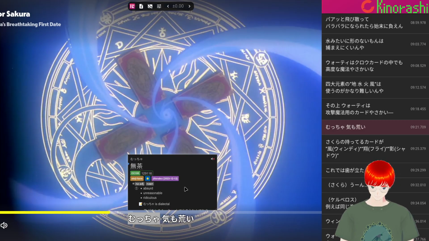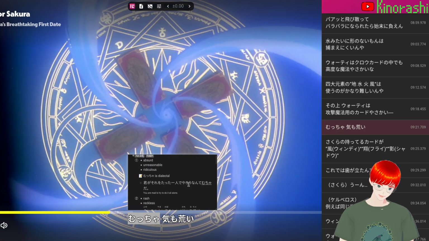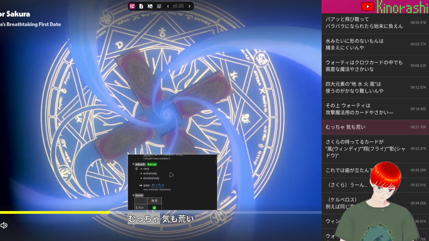And in Kansai it can be used as an adverb. Yeah, I thought it was being used like an adverb, meaning very, extremely or excessively.